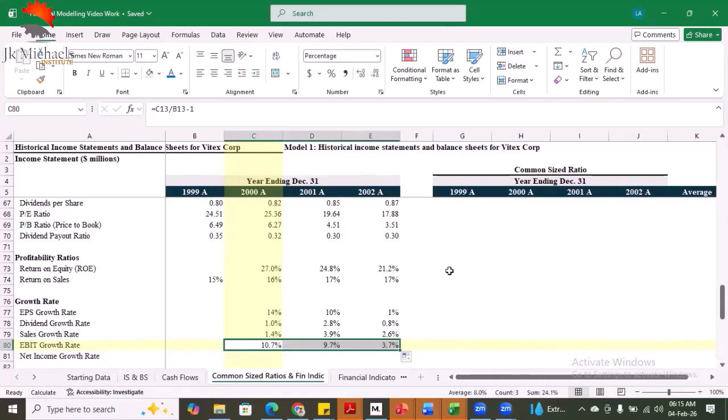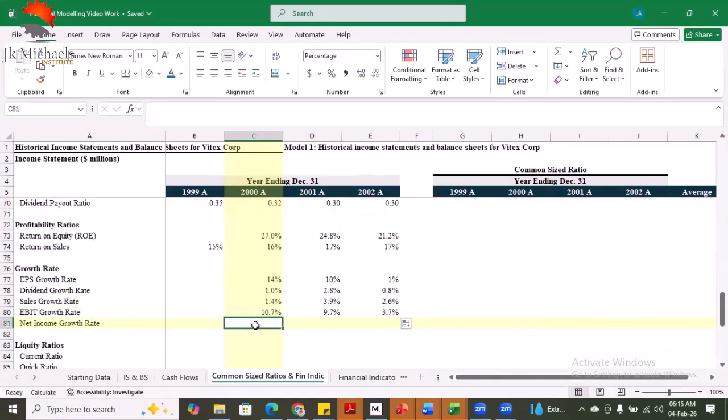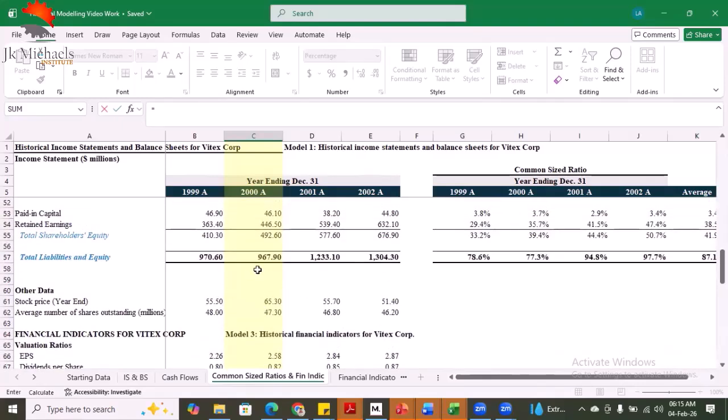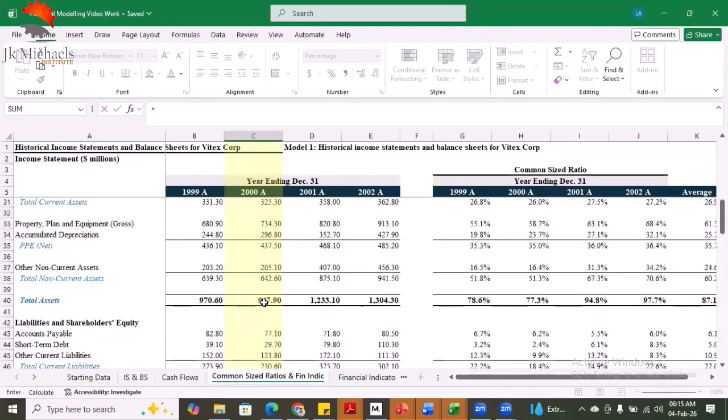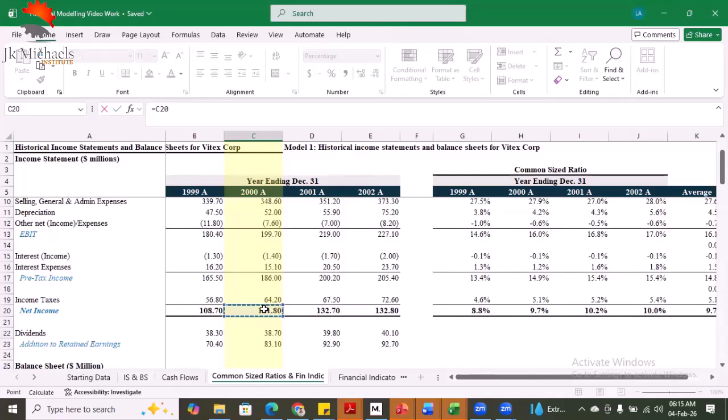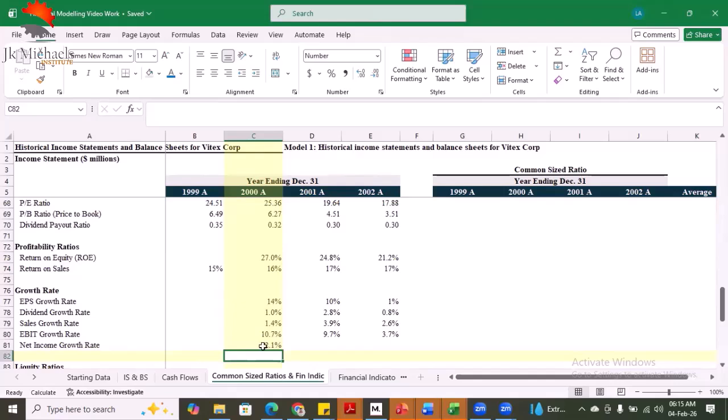We pull this across. And then we have finally net income growth rate: we have the current period divided by the previous period minus 1. And that gives us 12%. So these were our growth rates for each of these years.